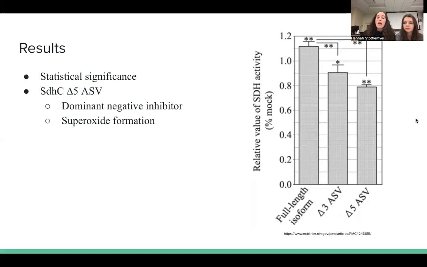Also, the second conclusion is that there is superoxide formation. Like I mentioned before, there will be electrons left in the intermembrane space with the delta 5 ASV, because ubiquinone cannot be transferred to ubiquinol when there's that mutation in subunit C. So the electrons will bind to that electronegative oxygen that's in that space, creating a superoxide.